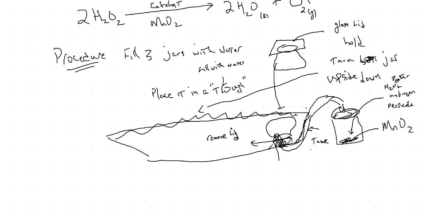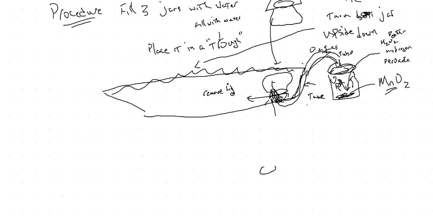And what's going to happen is O2 gas is going to be produced. So O2 gas is going to be produced inside that jar because we mix hydrogen peroxide with this catalyst. And that oxygen, O2 gas, is going to go through the tube. And eventually, I'm going to redraw this upside down bottle that was filled with water.